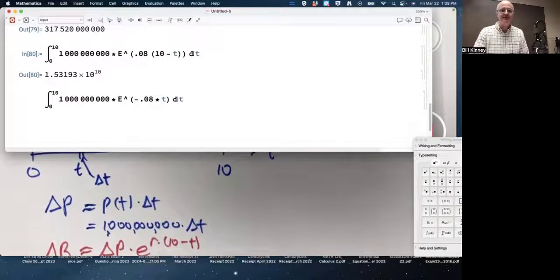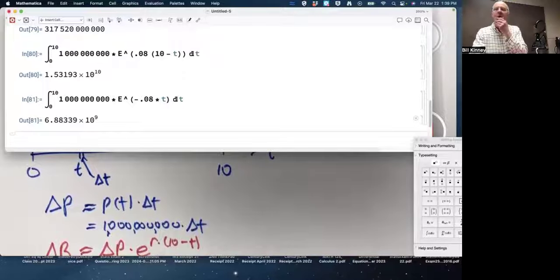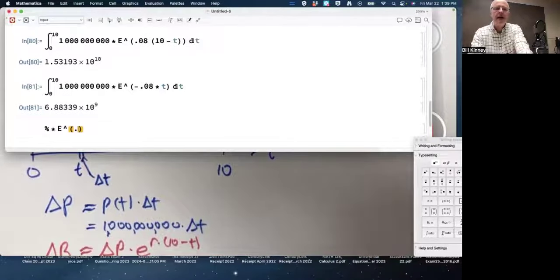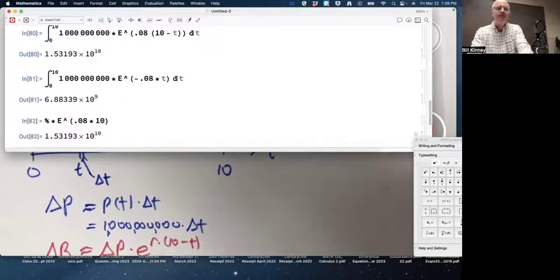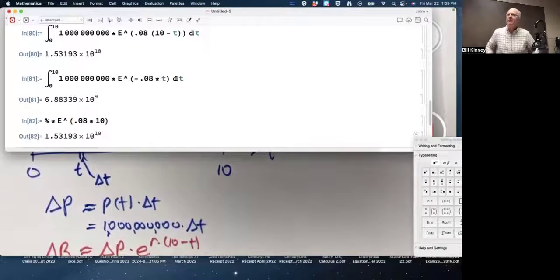It's got to be less than 10 billion. Yes, it's 6.9 billion. Will that really grow to the same amount of money? Yep, it does. Multiply by e to the 0.08 times 10. That lump sum at time zero, growing for 10 more years by itself, comes to the same final future value at time 10.